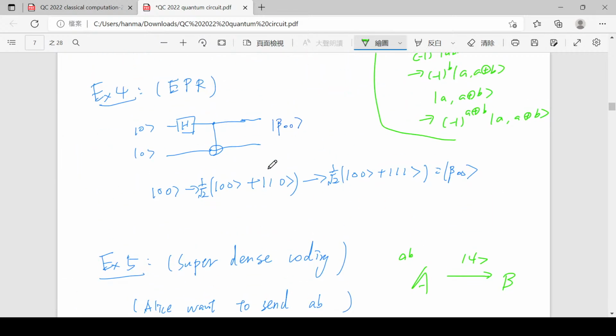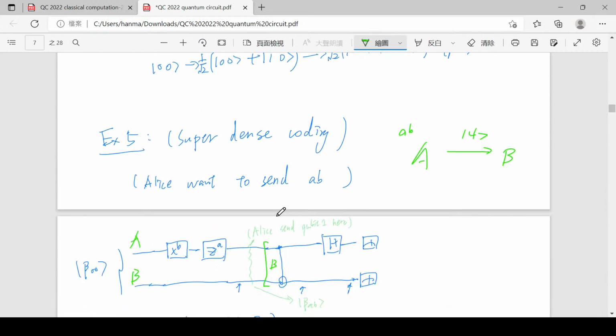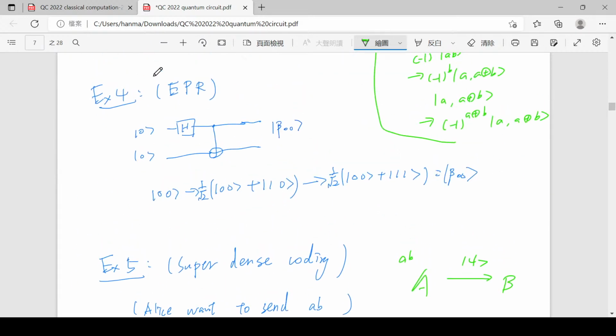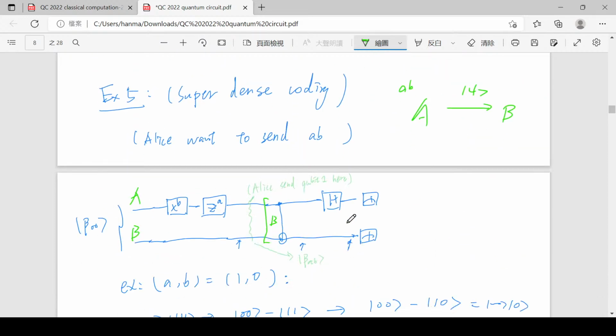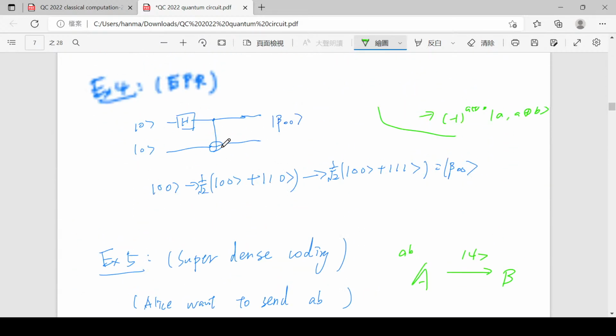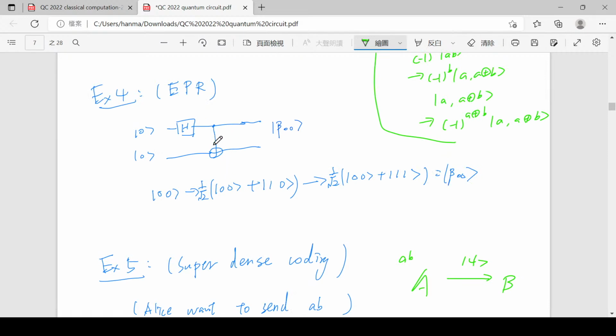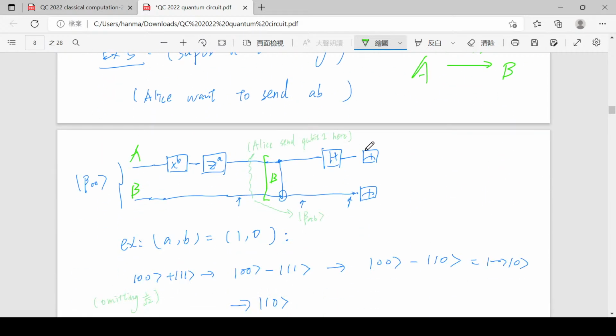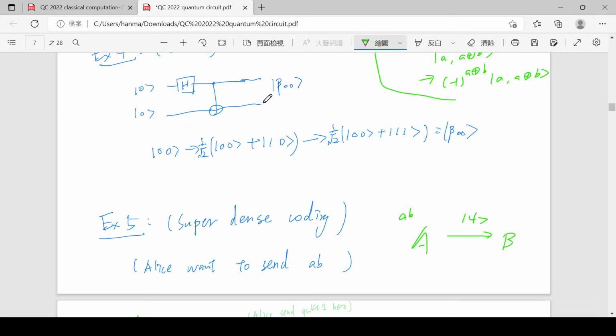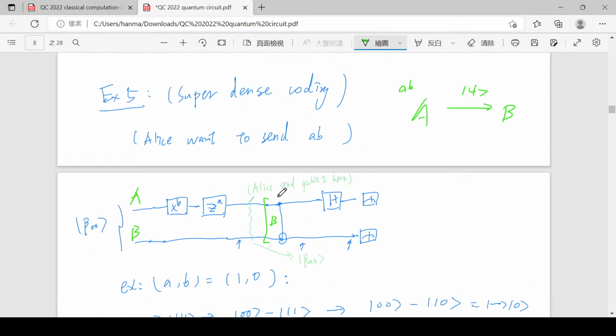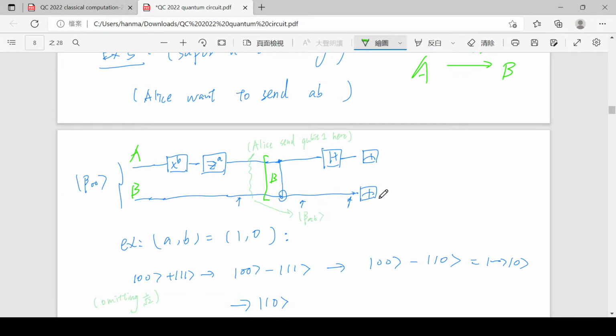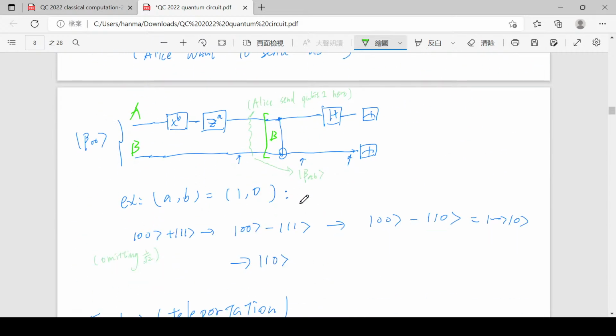You can see this circuit is just the reverse of the creation of EPR. And that makes sense, right? Because EPR creation maps the 0,0 state to beta 0,0, and then you can reverse your CNOT with another CNOT, and reverse your Hadamard with another Hadamard, and that will turn beta 0,0 to 0,0, and you can check that it will map the other betas to computational basis states also.